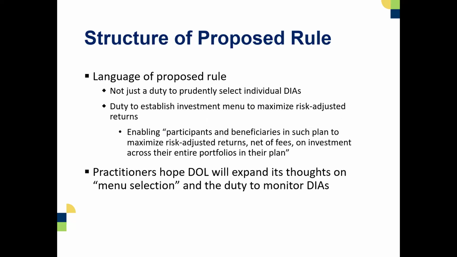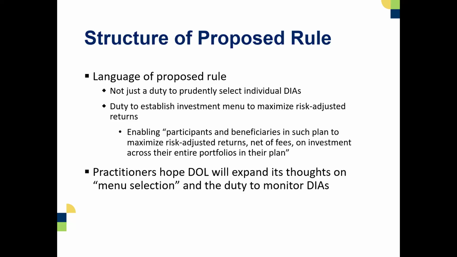Well, the majority of the regulation focuses on selecting a designated investment alternative for the plan. There's also a fiduciary duty to monitor the plan's designated investment alternatives, and the Department of Labor acknowledges this, but doesn't really address it inside the proposed rule.